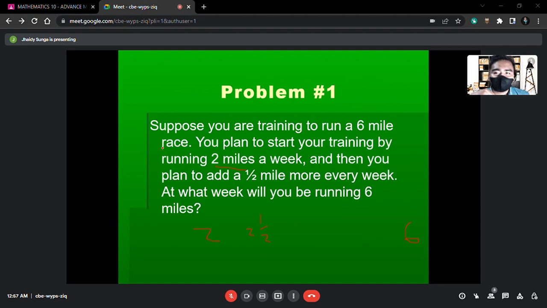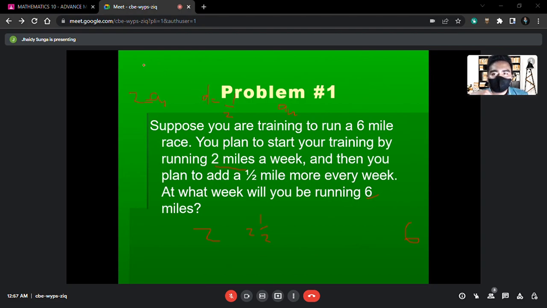We have the first term, 2, a sub 1, right? Then the common difference would be what? 1 half, right? 1 half. Then what's the n that we are to find? That is the n, but we have the 6, so it is the a sub n, right?